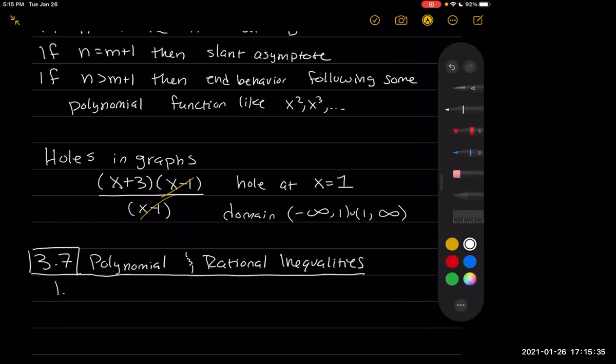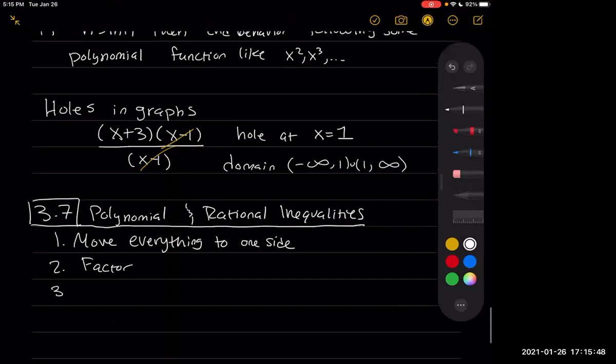So 1, move everything to one side. 2, factor. 3, find intervals based on cut points.